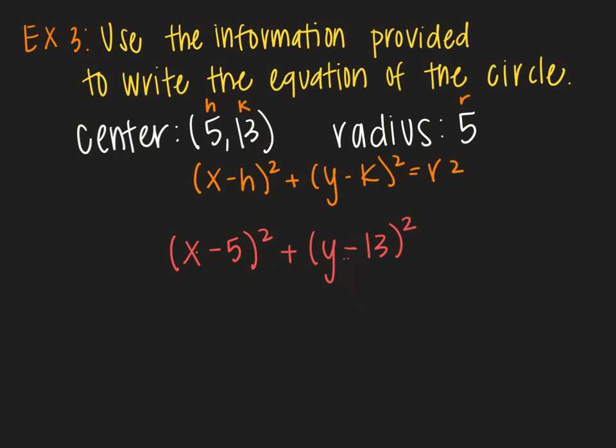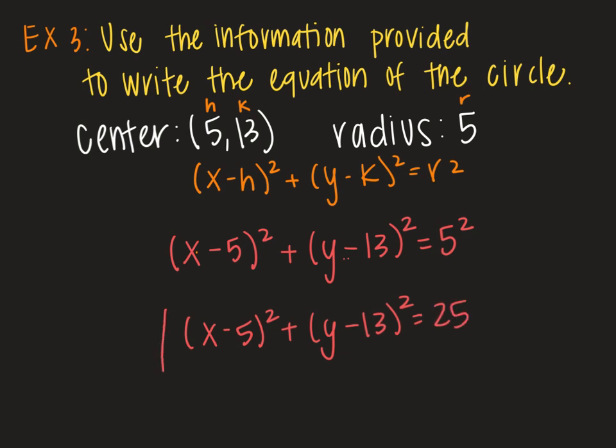Squared equals r squared, we have 5 squared. Simplifying the r, because everything else is exactly how we need it, 5 squared is 25. And this will be the equation of our circle.